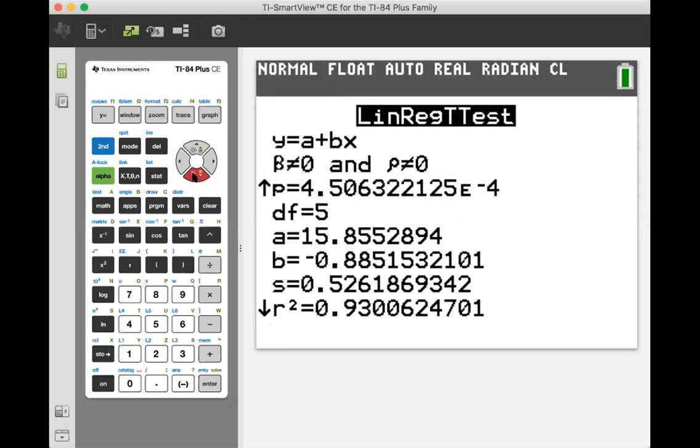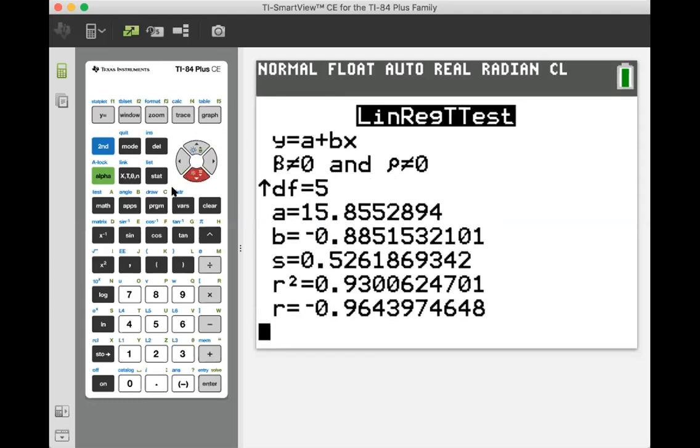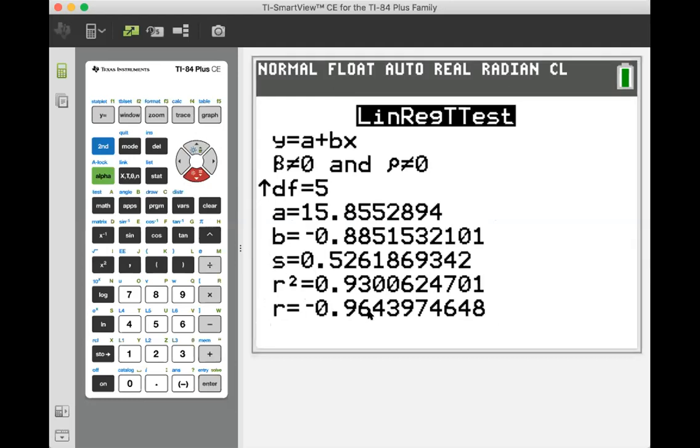And we could also look at r. r is negative 0.964. And remember that it can only go as low as -1. So that's pretty close to -1. That's getting close to perfection. In which case we would compare the absolute value of this, which would be positive 0.964, to that 0.754 critical value, and it's greater than that.